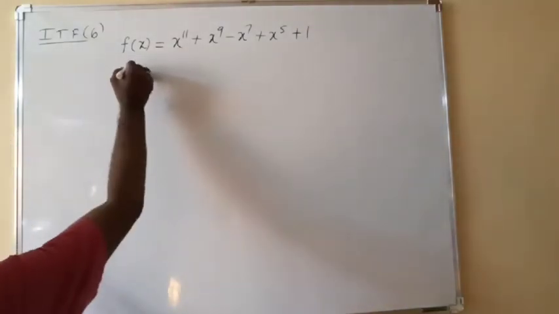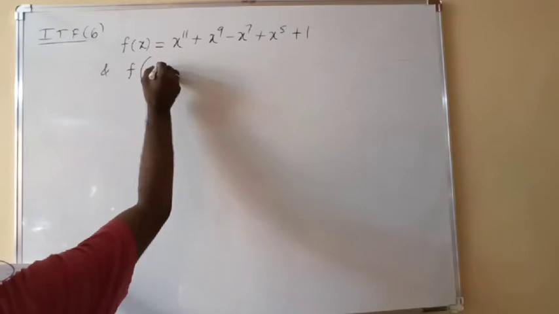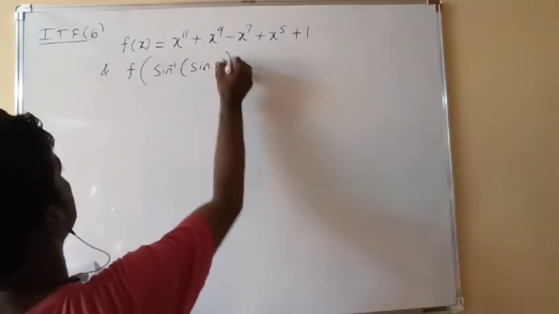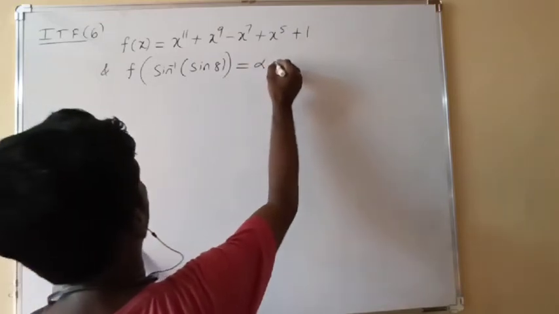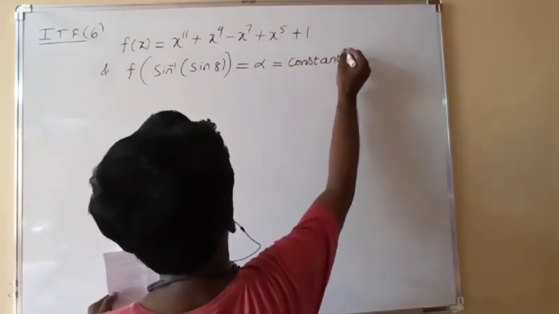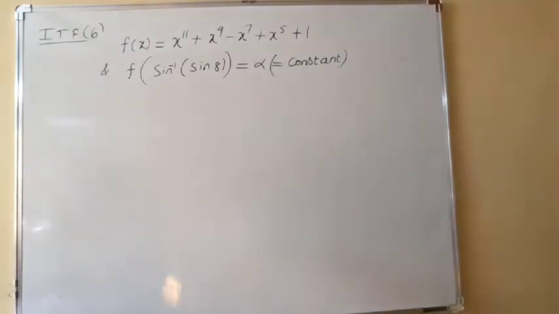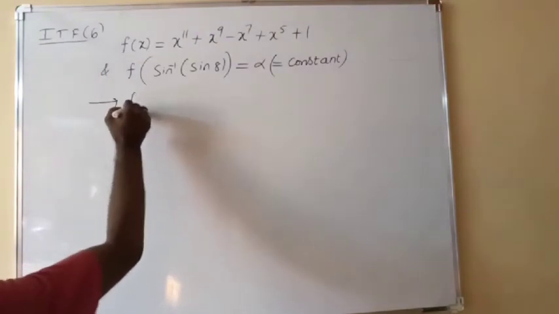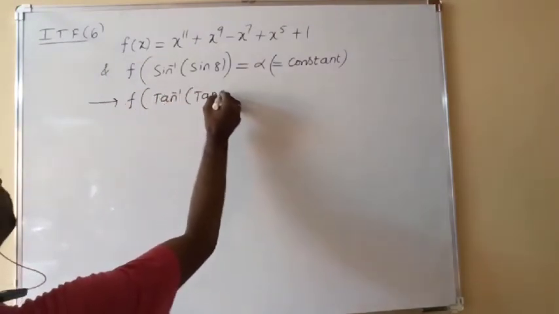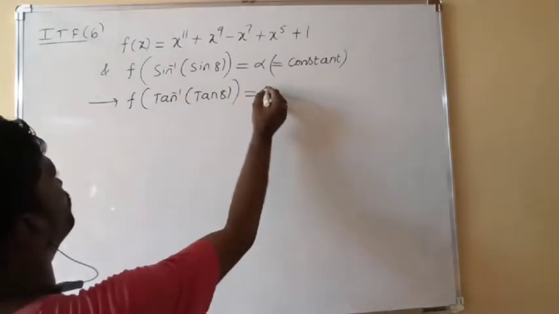And also given data: f of sine inverse of sine 8 radians is equal to alpha. Here alpha is some constant. Then find f of tan inverse of tan 8 in terms of alpha.